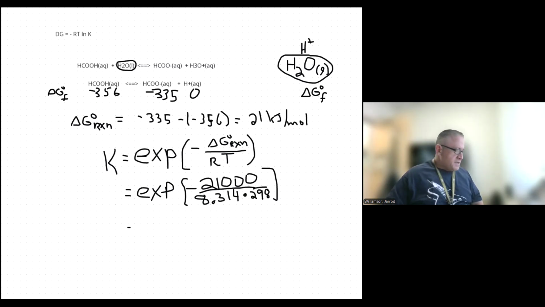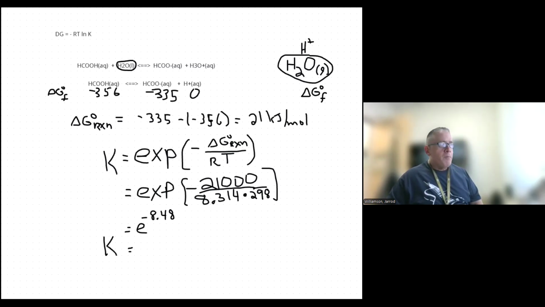And when I do that math, that's going to give me e to the negative 8.48. And that's going to be K equals 2.1 times 10 to the minus 4. Now I'm going to pause this for a second while I look up the real value.